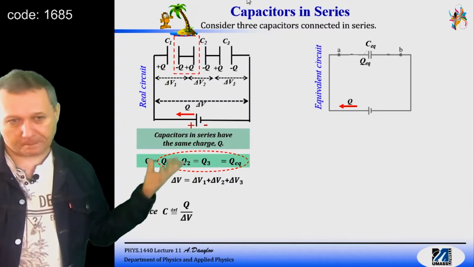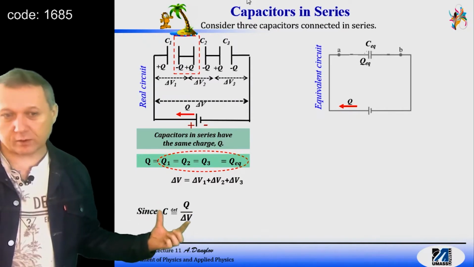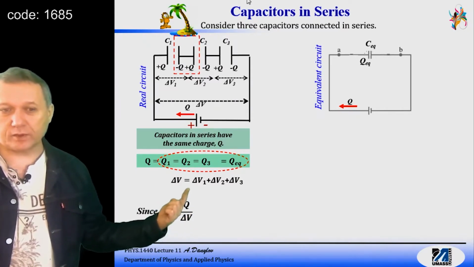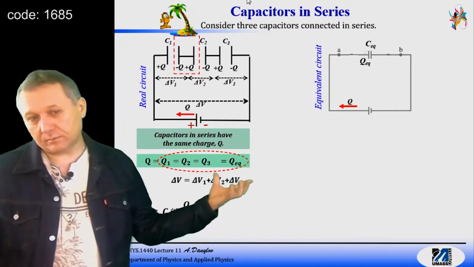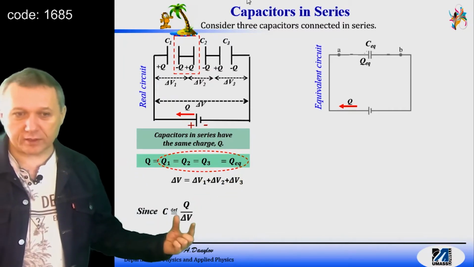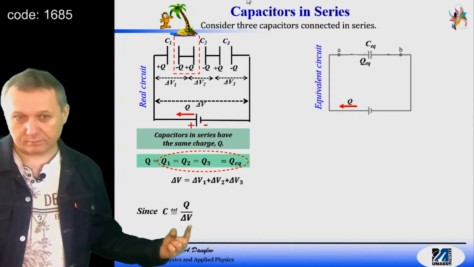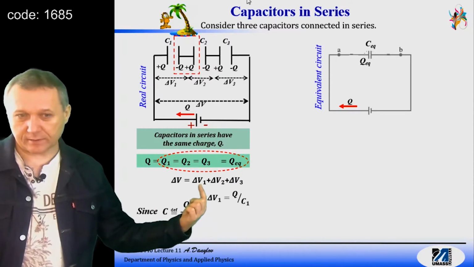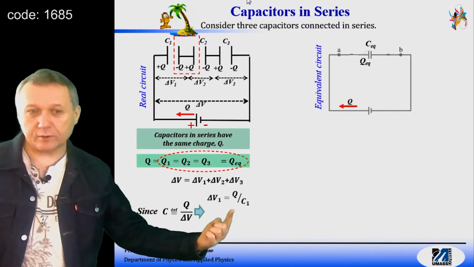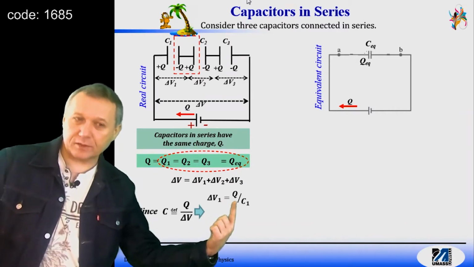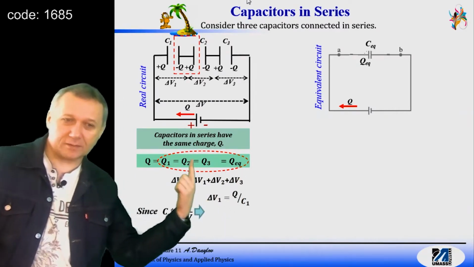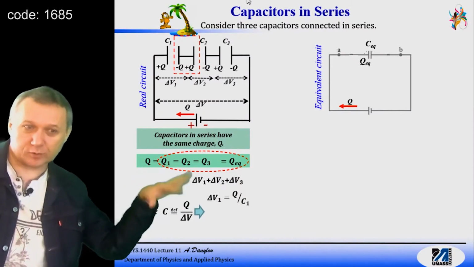Okay, so now using this definition of capacitance, we can rewrite this formula in a slightly different way. We need to get the delta V's. So delta V will be Q over C. Delta V1 will be just Q over C1. And you see, I don't use a subscript next to Q because the Q's are the same, so I dropped the subscripts.